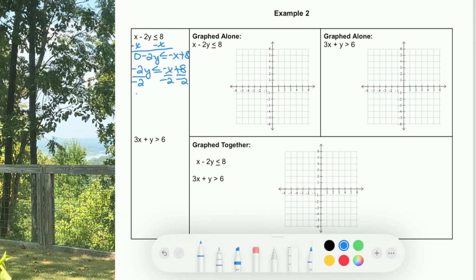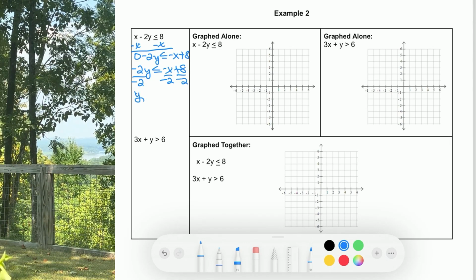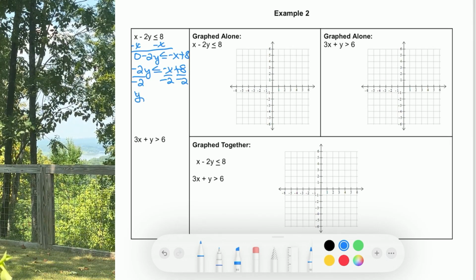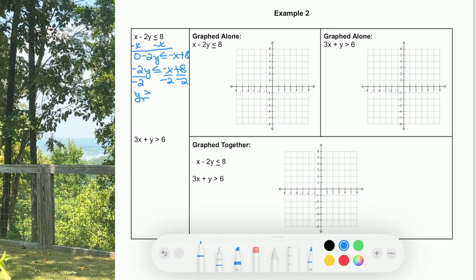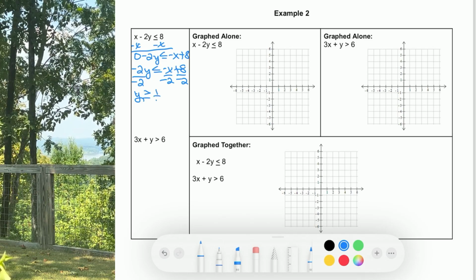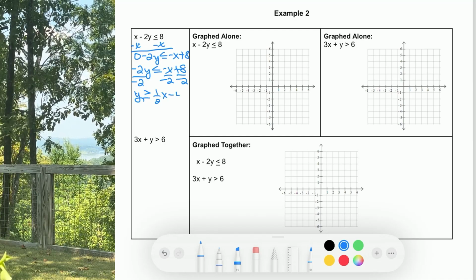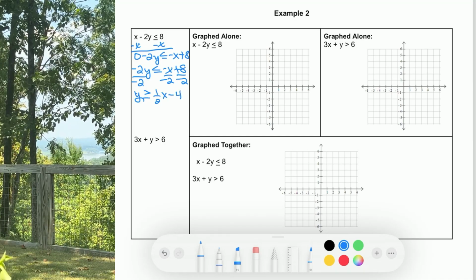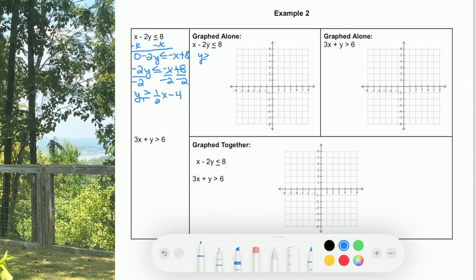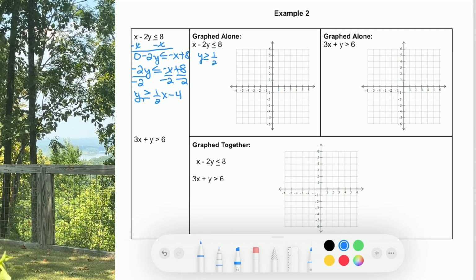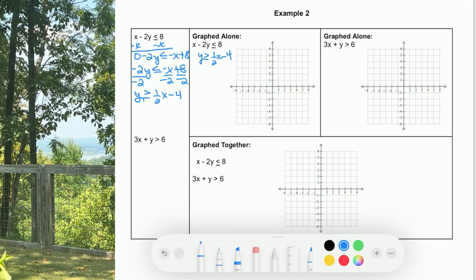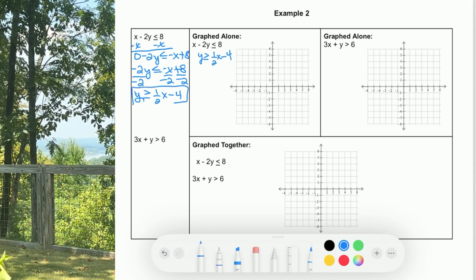I end up with y. I need to flip my inequality since I'm dividing by a negative number. So y is greater than or equal to 1/2 x, 8 divided by negative 2 gives us a minus 4. So we now have y is greater than or equal to 1/2 x minus 4. That's what we will be graphing.